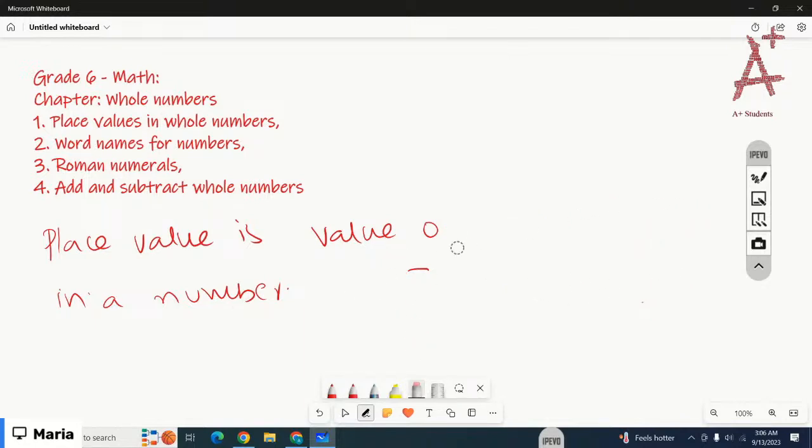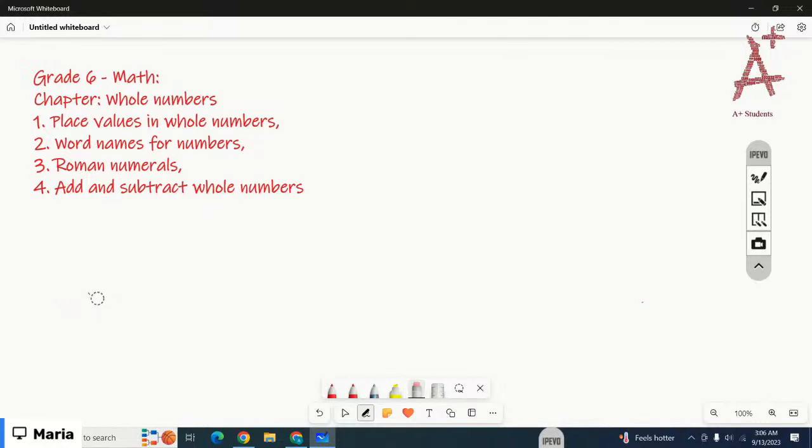We use the place value chart to see the place values of the different digits in a number. The rightmost digit is always the ones digit.